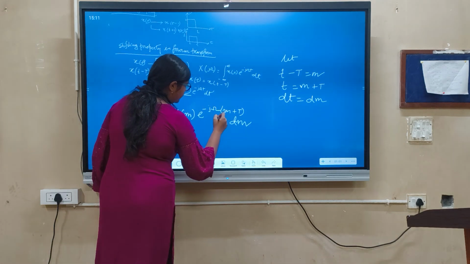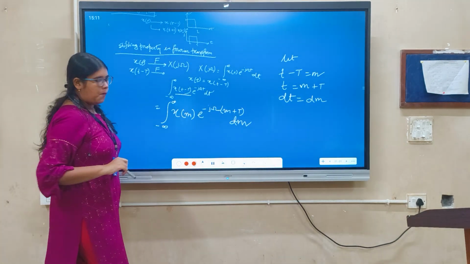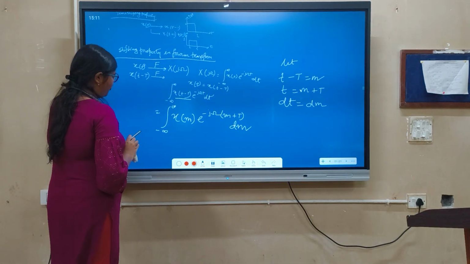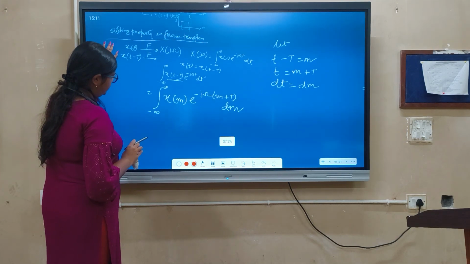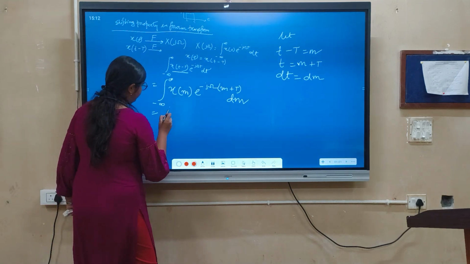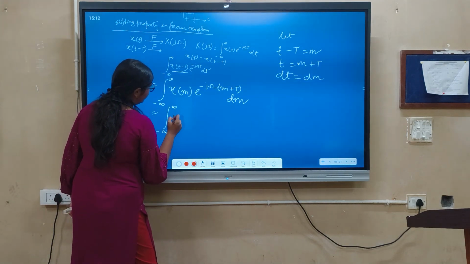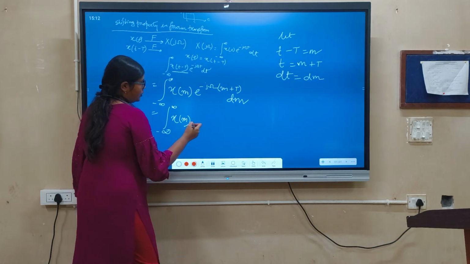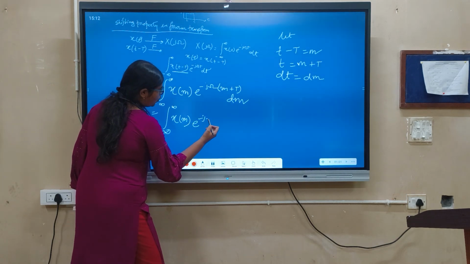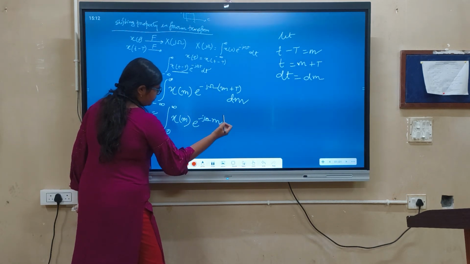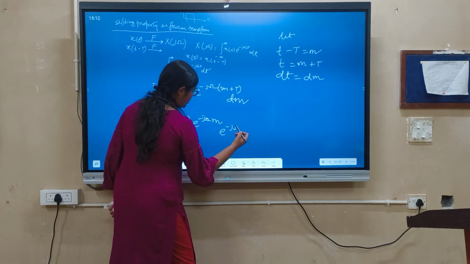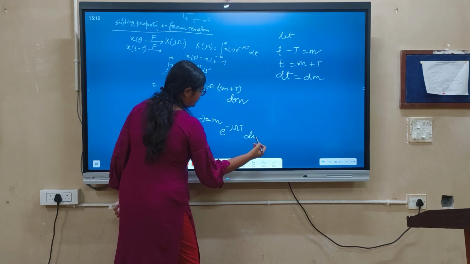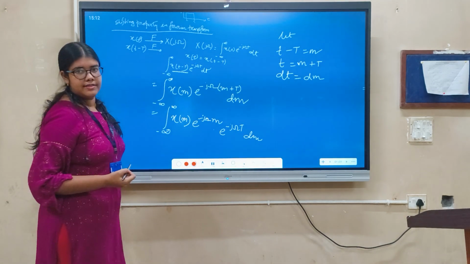This is the equation. So what we have is the integral from minus infinity to infinity of x of m e to the power minus j omega m, and we can write e to the power minus j omega T in the form of indices or units.